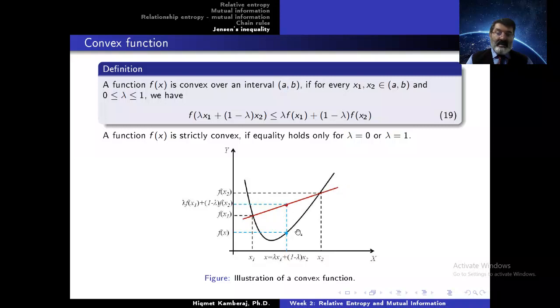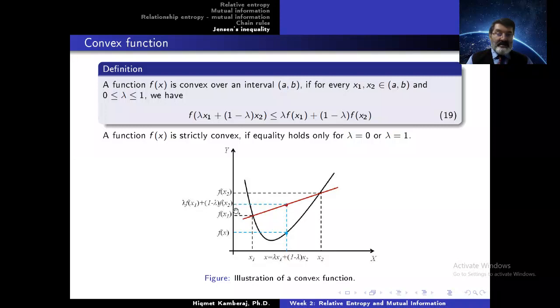Now if I map it according to the f of x function, then you will get f of x, and this is the point of intersection. Then if you map it along the red line, and this is the point of intersection, then we map it to lambda f of x1 plus 1 minus lambda f of x2.